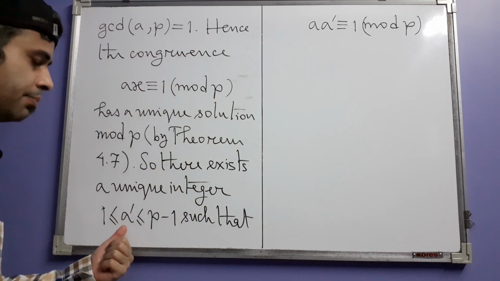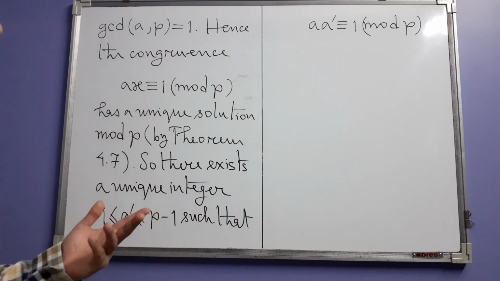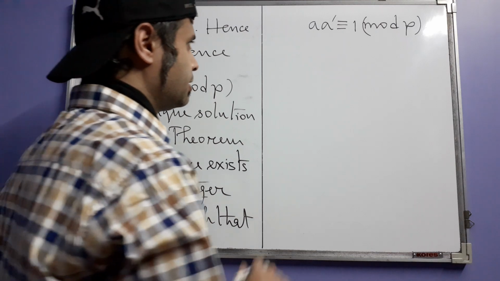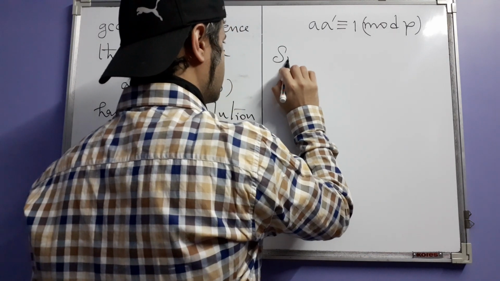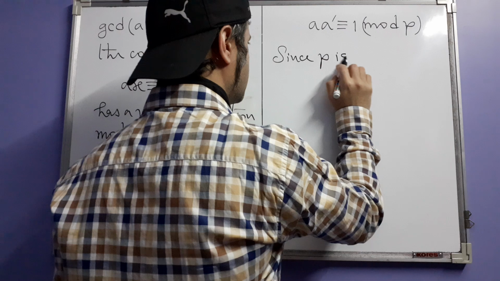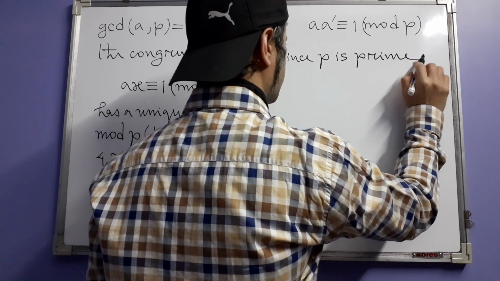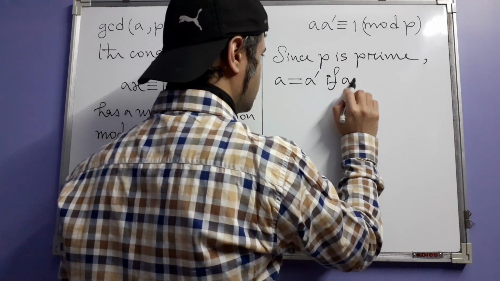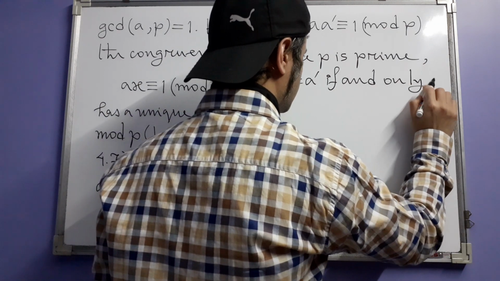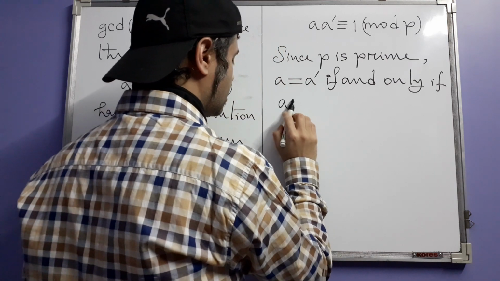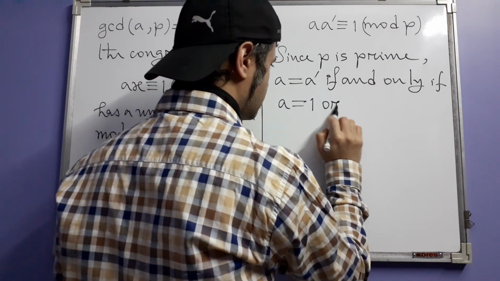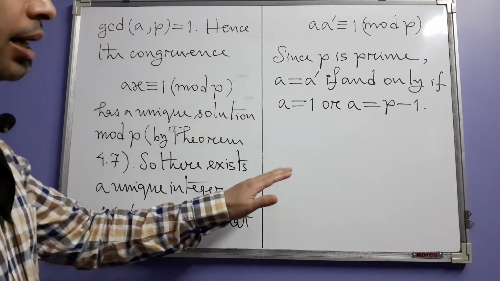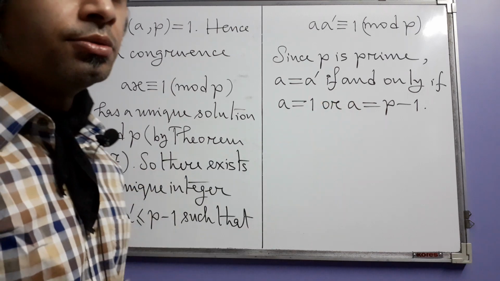So is A prime. A prime is also another such integer. A may be equal to A prime, but that will happen precisely in this situation: since P is prime, A is equal to A prime if and only if either A is 1 or A is P minus 1. Exactly why, I am leaving to you to figure out.